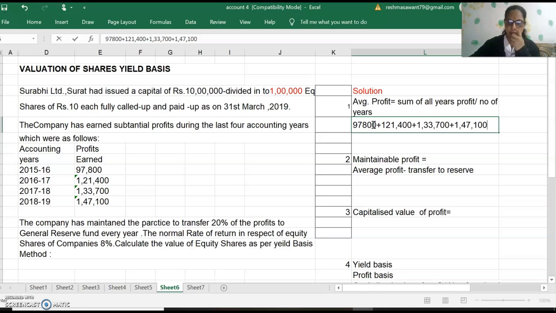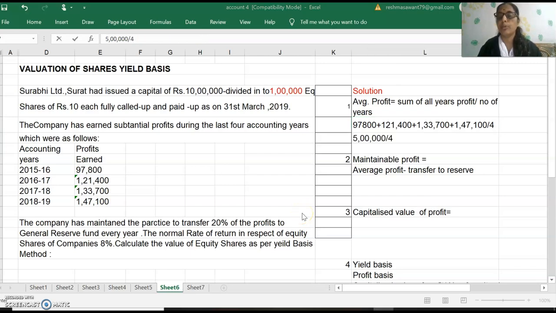If any loss is there, it should be considered and reduced from all years' profit. So the sum of all years' profit minus loss, if any, divided by number of years. In this question, we have 4 years' profit, so divided by 4 years.